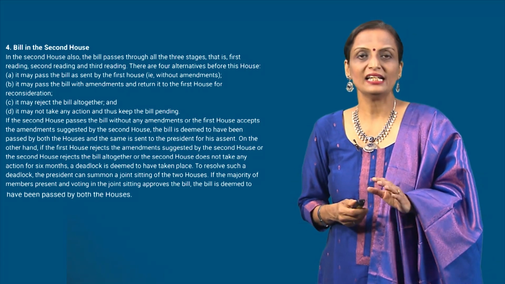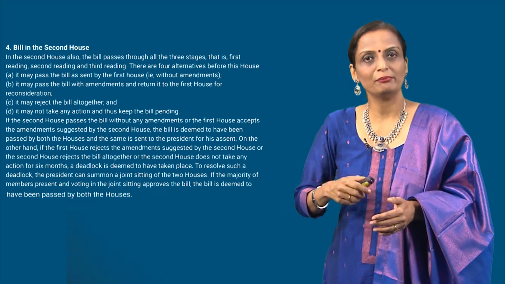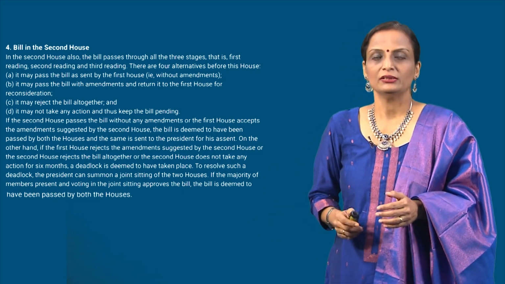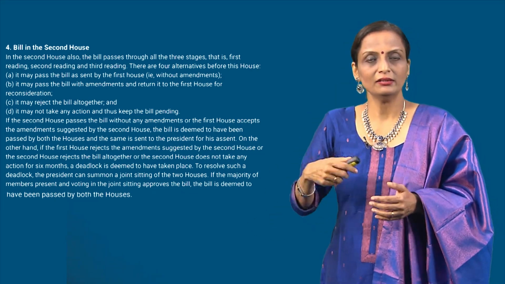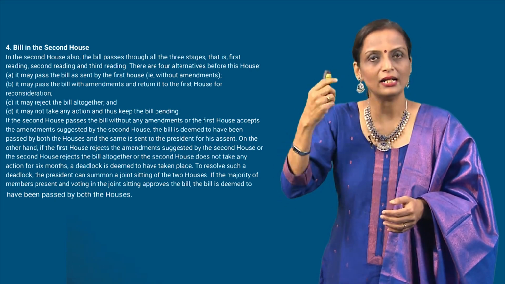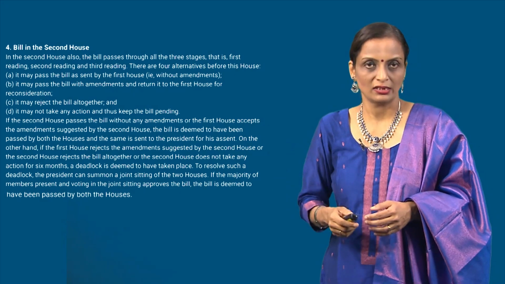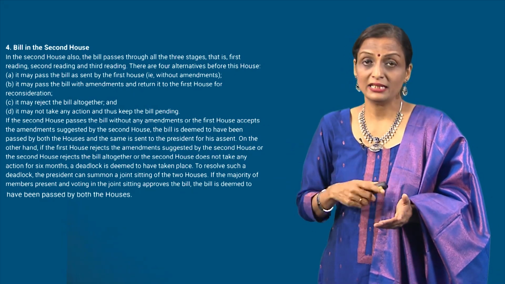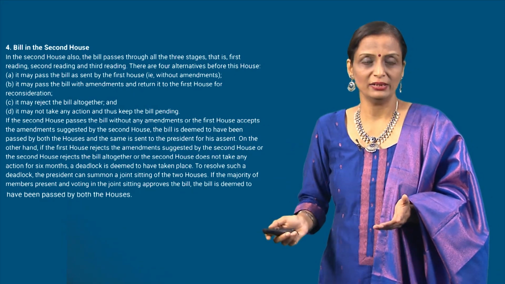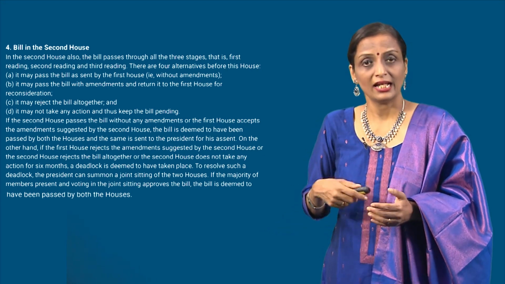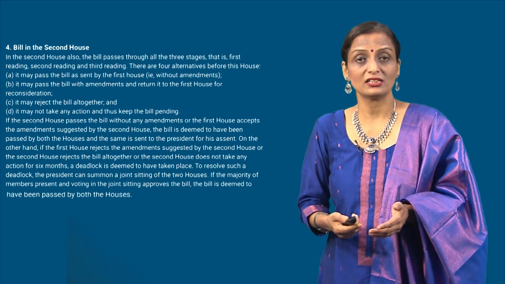So, you see how the ordinary bill can be passed. It can be passed either by the lower house or the upper house and moved to the second house. The second house can deem it necessary to pass the bill as it is or make changes and send it back for reconsideration.